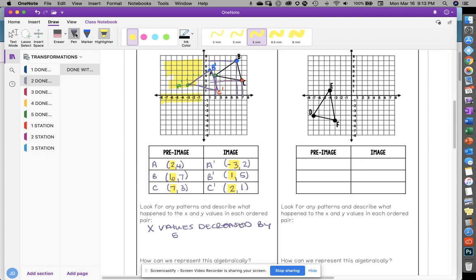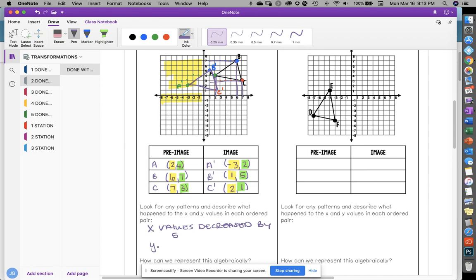All right, let's see if we can find a relationship with the y's. So if you notice here, I went from 4 to 2. I would say that's a decrease by 2. Let's see if that pattern continues. A 7 to a 5. Yep, that's a decrease by 2. How about 3 to 1? Yep, that's a decrease by 2.